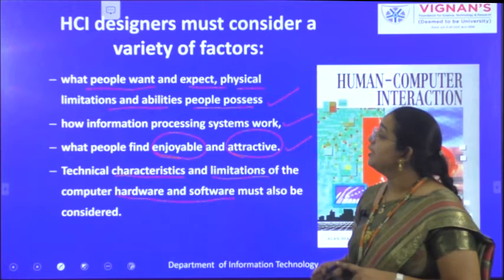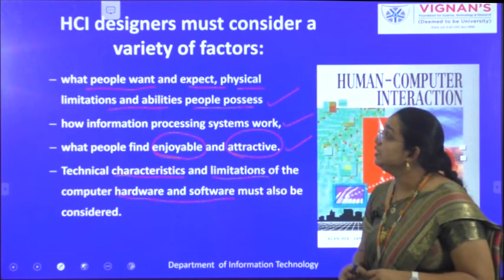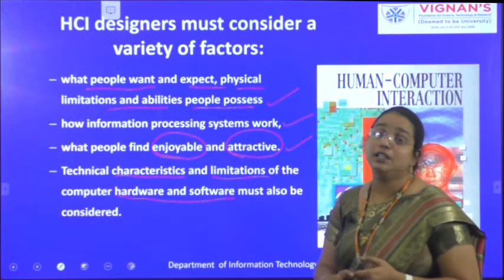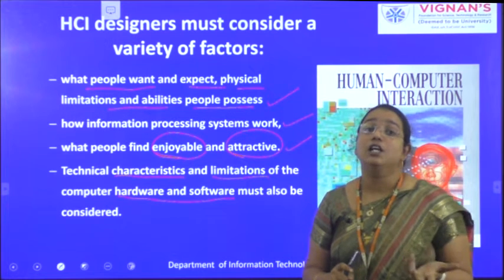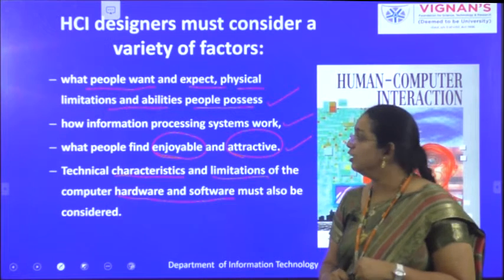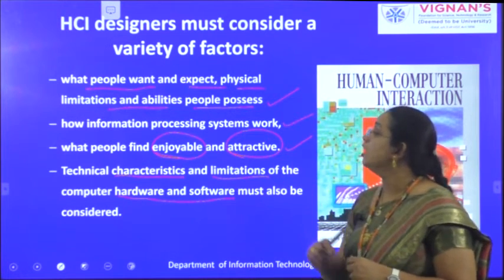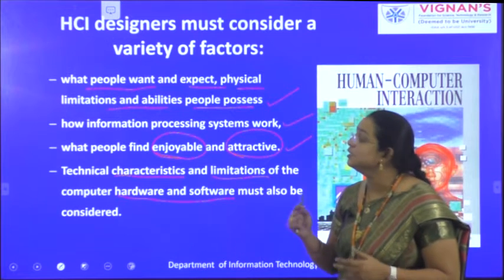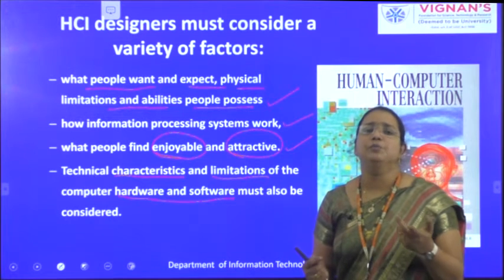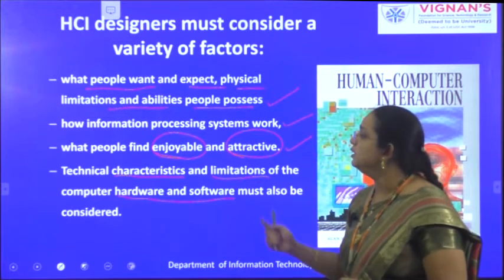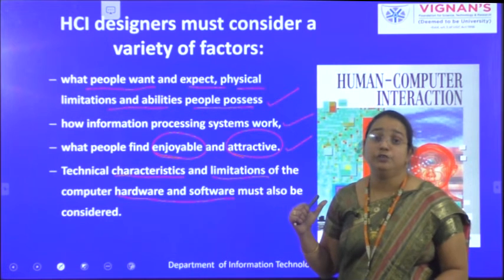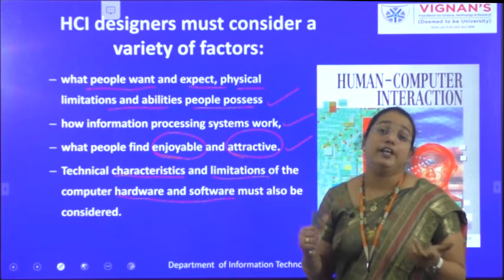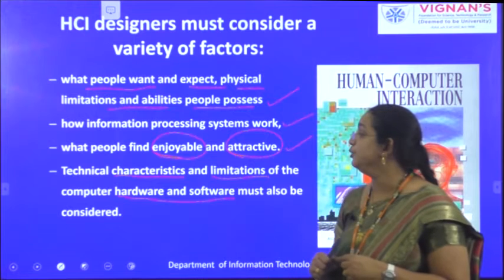The factors are, first, what abilities the users have, what they want and what they are expecting from the computer. The second is how information processing systems work, how the computers are going to work. The third is what people find enjoyable and attractive, whether the screens are enjoyable or attractive.